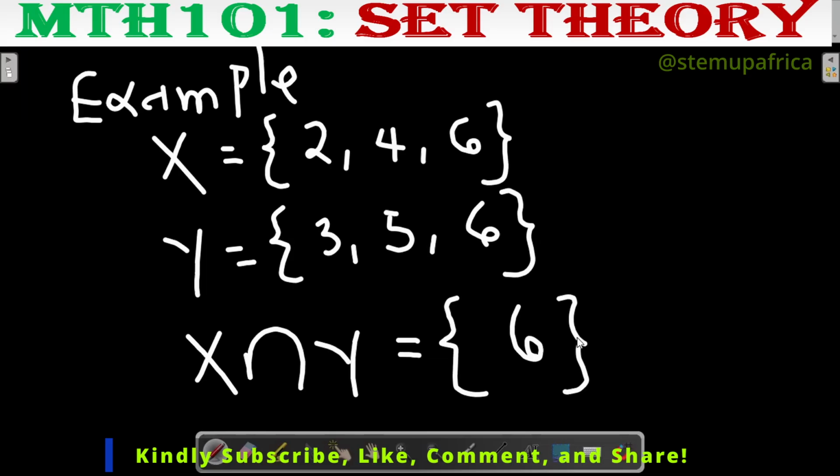That 6 has become a singleton set because it's just one element. They can ask you a question like that. Okay, write it. Let's try something else.